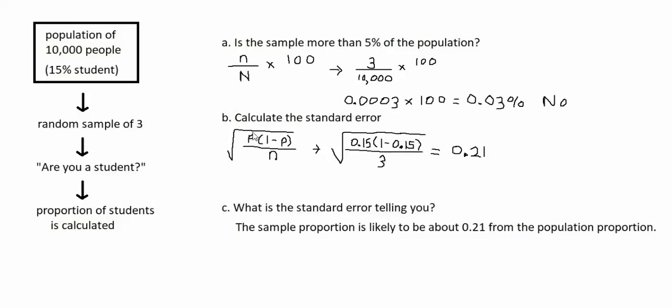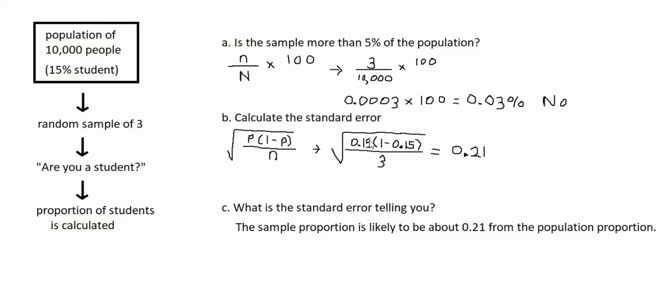So P times 1 minus P over n. So we know that the population is 15% student, and this is the number that this person is focusing on, or basically this is the statistic that this person is interested in estimating. So that's our population proportion. We have to turn it to a decimal, so it's 0.15.